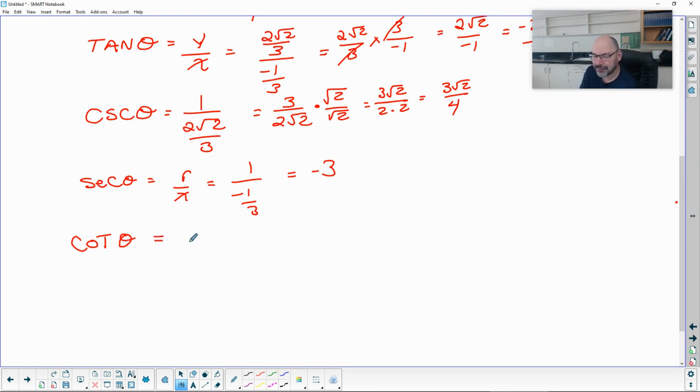So cotangent theta is x over y instead of y over x. We're looking up here. And it's these two flipped around, or this one flipped over. Let's do it the long way, just in case, just to show that. So this would be negative 1/3 over 2 root 2 over 3.